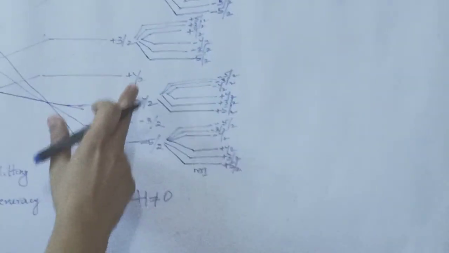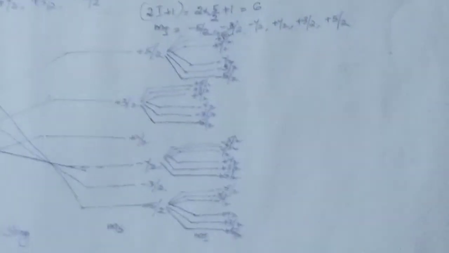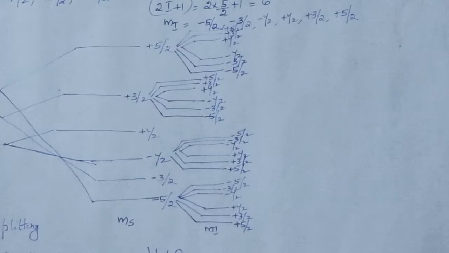So for all the levels you have to write like that. For ms equal to plus 1/2, this splits up into 6 spin states, and minus 3/2 again splits into 6 spin states. I have worked out only four spin states.